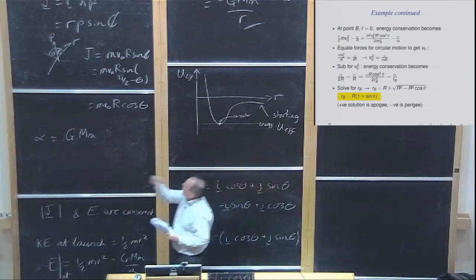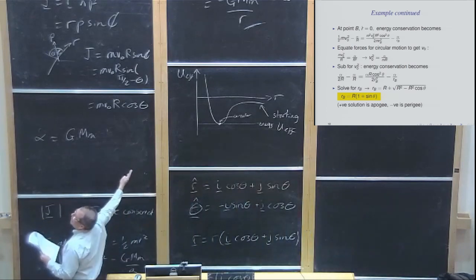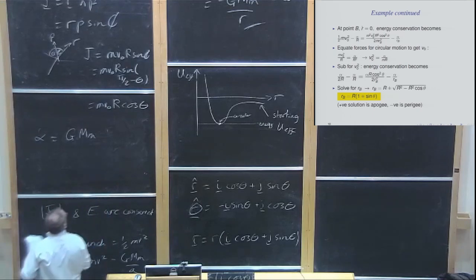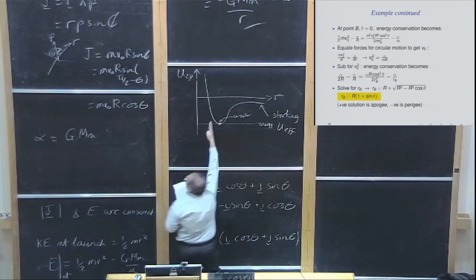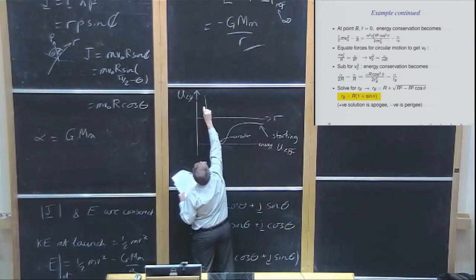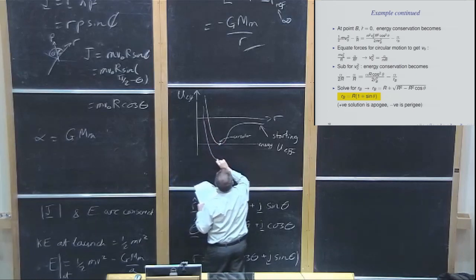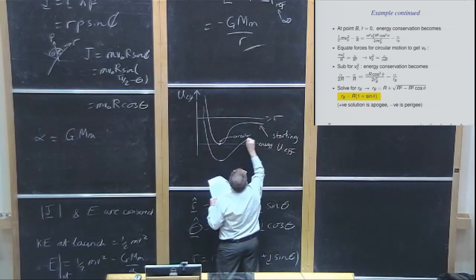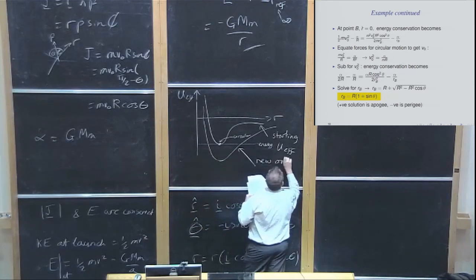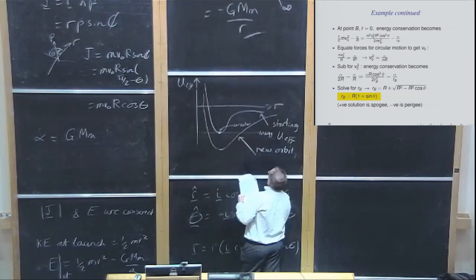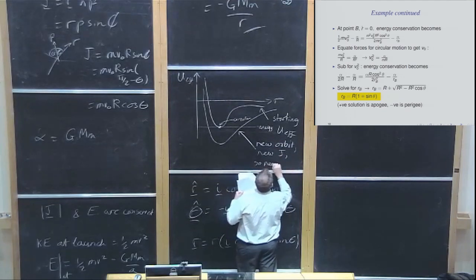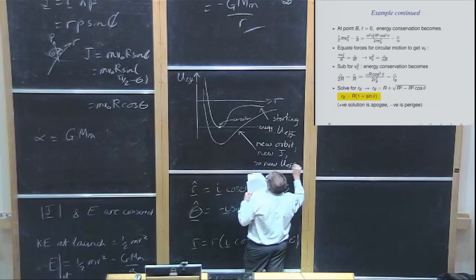So we have a new orbit. The energy has not changed, but in the new orbit the angular momentum is different. And because UF depends on the angular momentum, this means the shape must have changed. So this is the new orbit, so it has a new value for J, so a new value for the shape of UF.